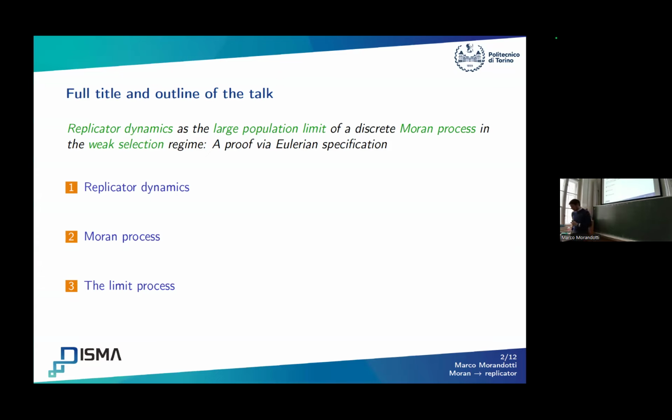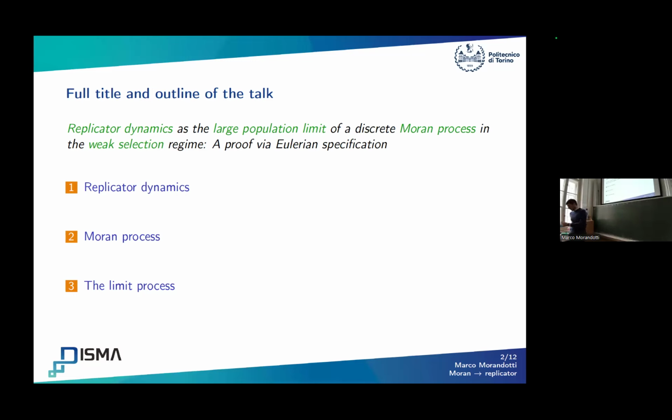The really full title should be this one. So there are two more ingredients. One is the so-called weak selection regime, which is a way in which the fitness computed for each strategy impacts the probability of selecting an individual that carries that strategy.